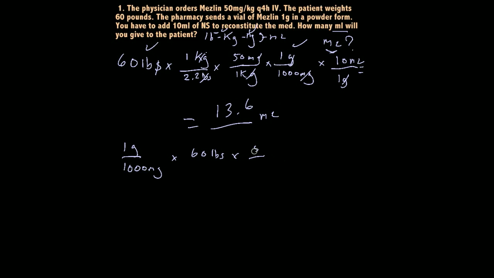I've got 50 milligrams for every 1 kilogram there. And next I'll do the kilograms and pounds: 1 kilogram for every 2.2 pounds. And then finally I'll do the 10 milliliters and 1 gram.